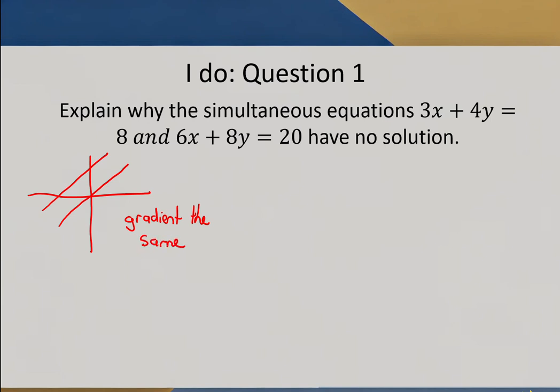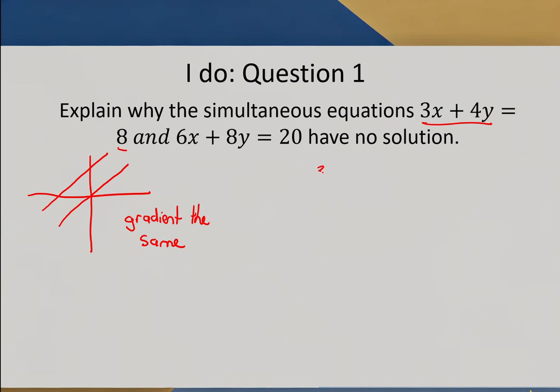Because it's asking us to explain why there are no solutions, we need to look at the gradient. So straight away, I'm just going to look at the first equation and get it in y equals mx plus c form.